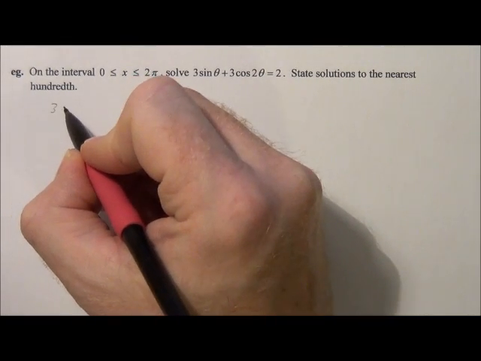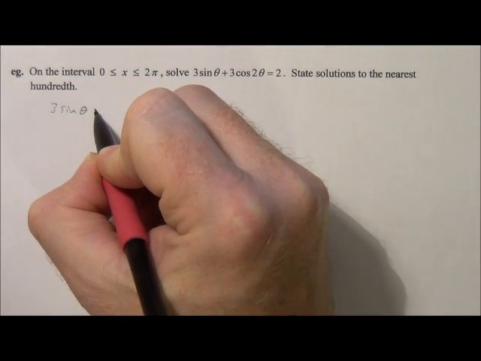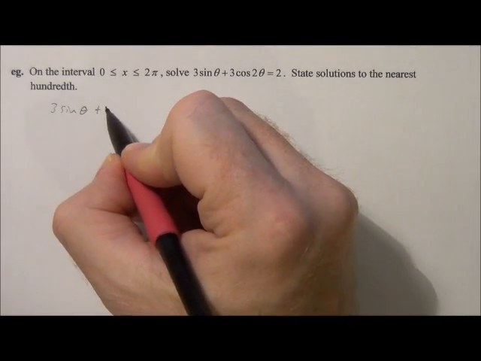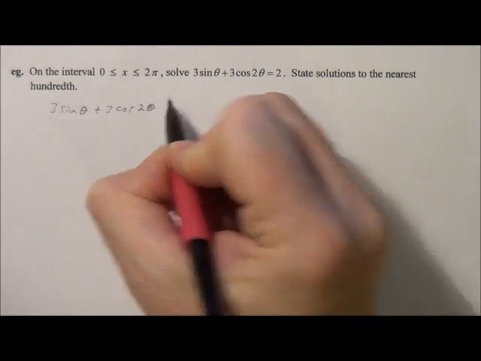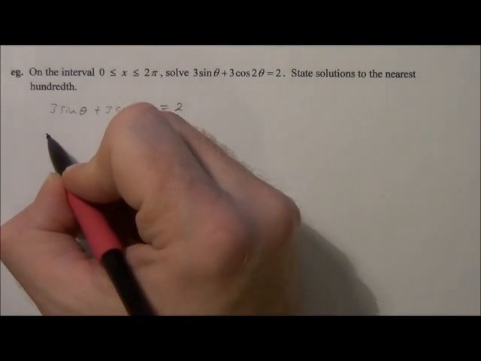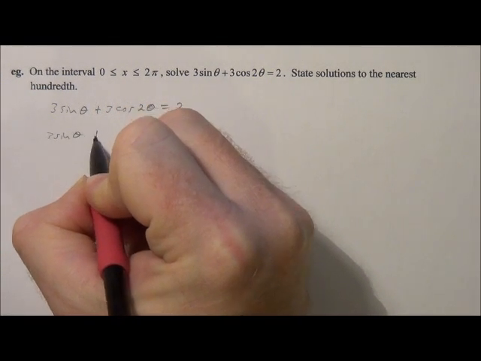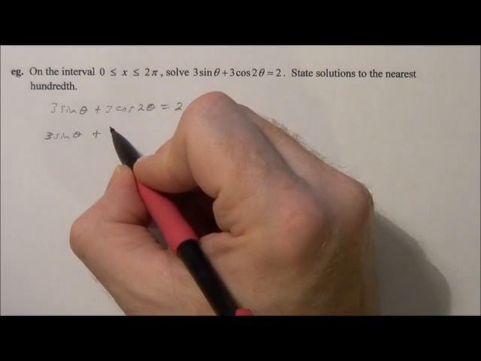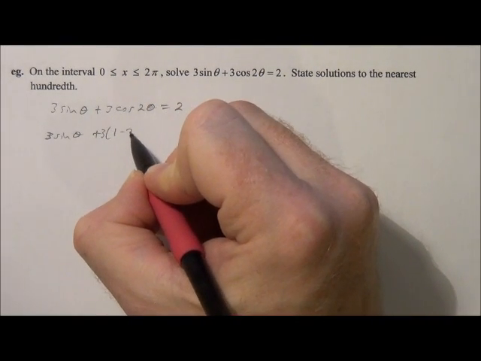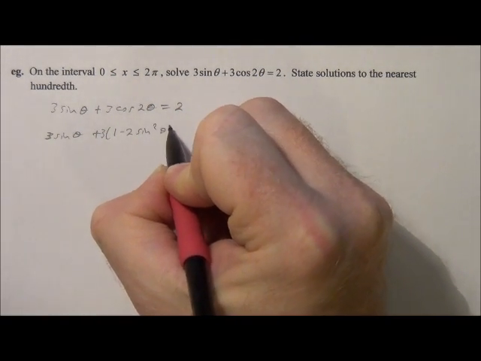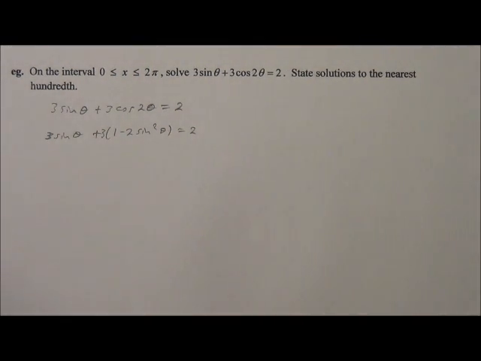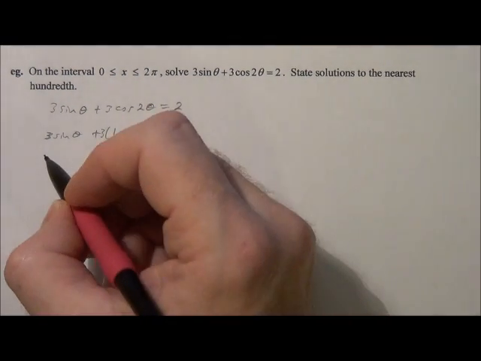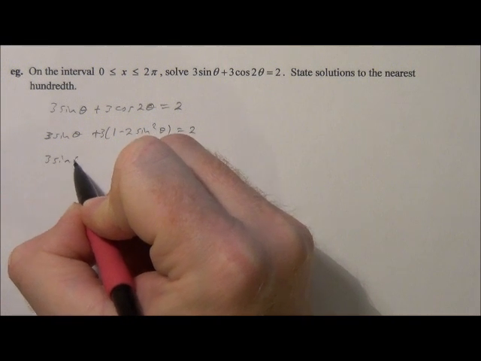So let's rewrite this over here to give us some room. 3 sine theta plus 3 cos 2 theta equals 2. And then from the double angle formulas, we've got 3 times 1 minus 2 sine squared theta. And then you just expand this out and simplify it down a little bit.